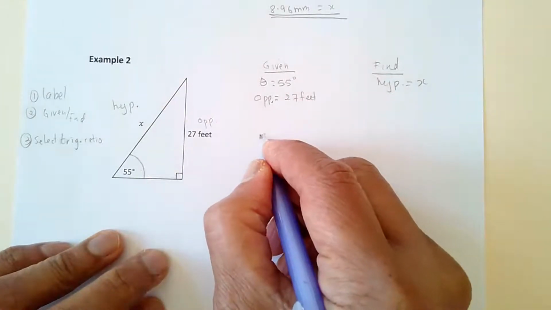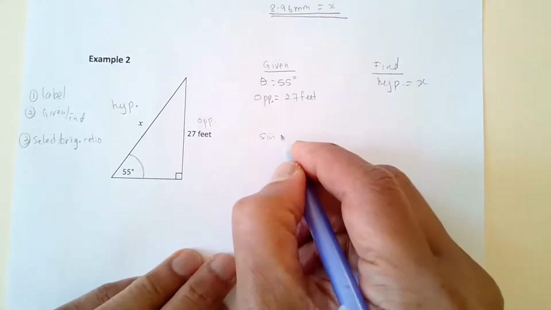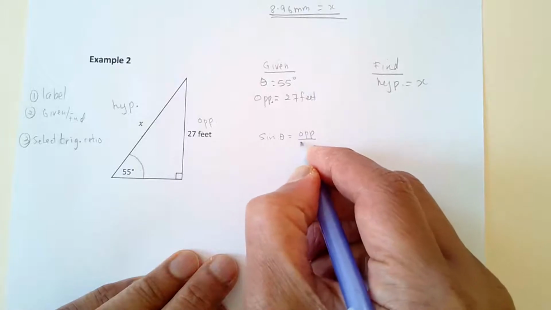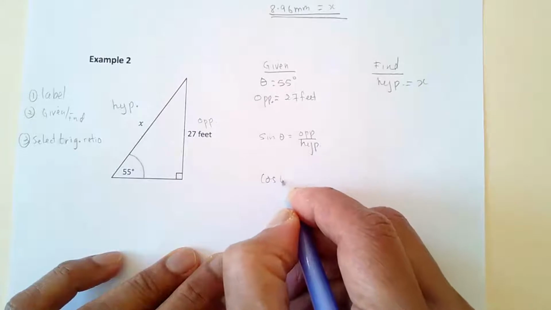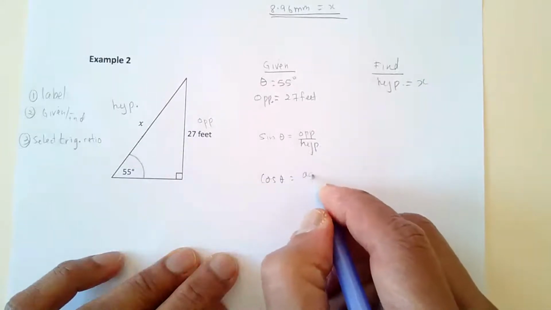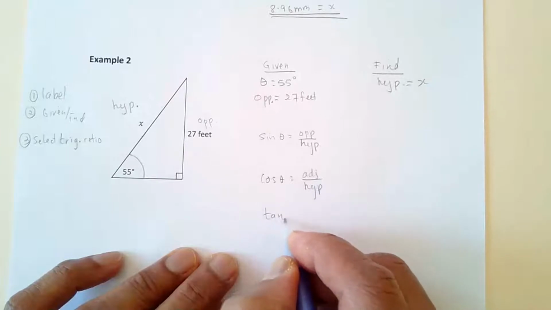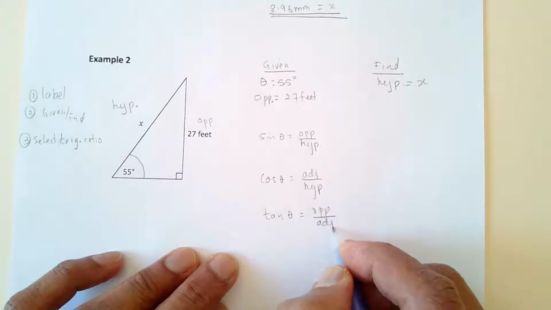So we have sine theta is opposite over hypotenuse. Cosine theta is adjacent over hypotenuse. And tangent theta is opposite over adjacent.